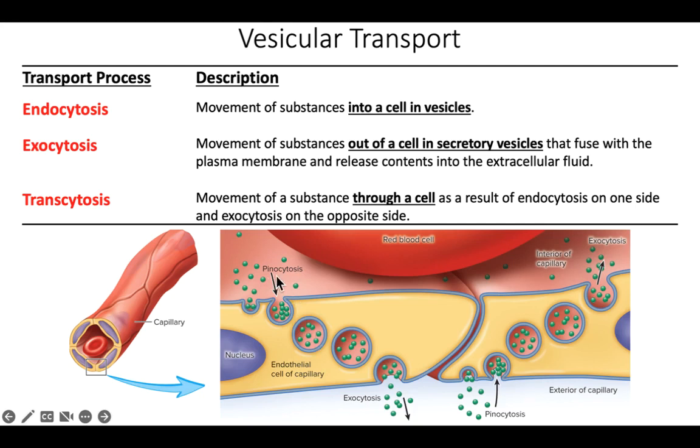Pinocytosis is an example. It's a type of endocytosis. Notice on the other side, all of a sudden now it's exocytosing. So the combination of the endo and the exo is transcytosis. Transcytosis is movement of a molecule through a cell. Endo on one side, exocytosis on the other side.